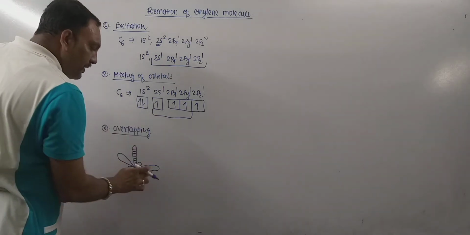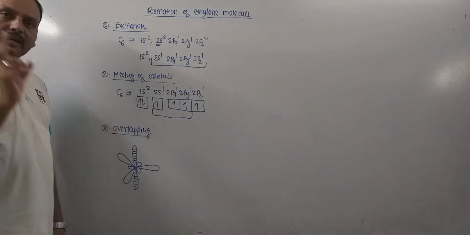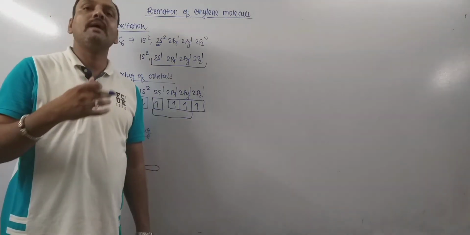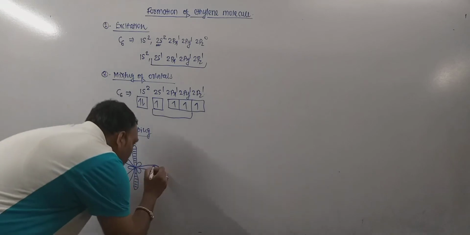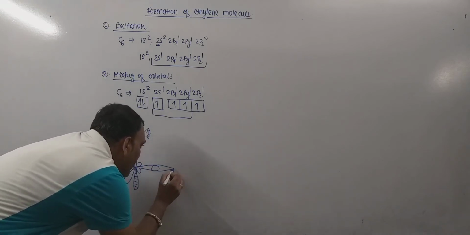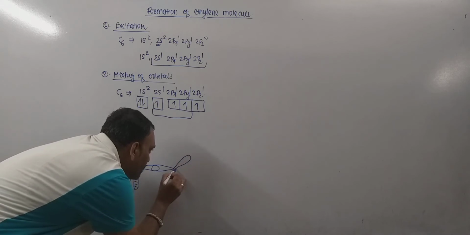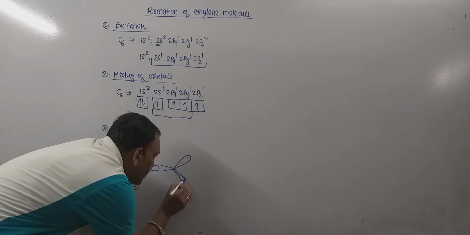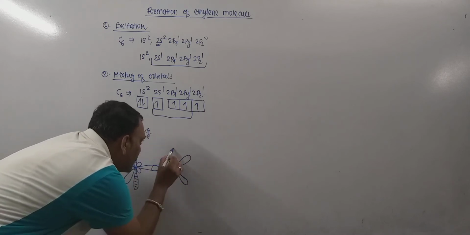So what happened during the course of formation of bond? One sp2 hybrid orbital of one carbon atom overlaps with an sp2 hybrid orbital of another carbon atom, and due to sp2 overlap, a sigma bond is formed in between 2 carbon atoms, which can be shown as.